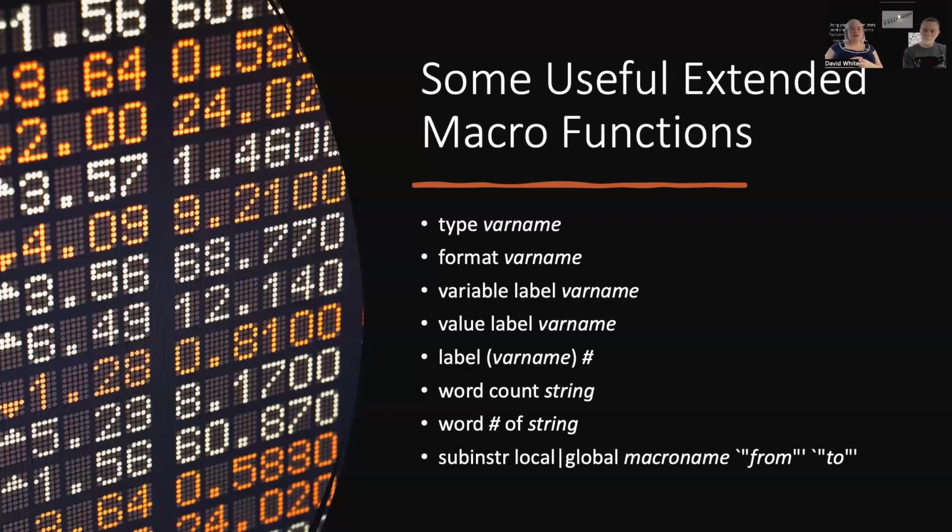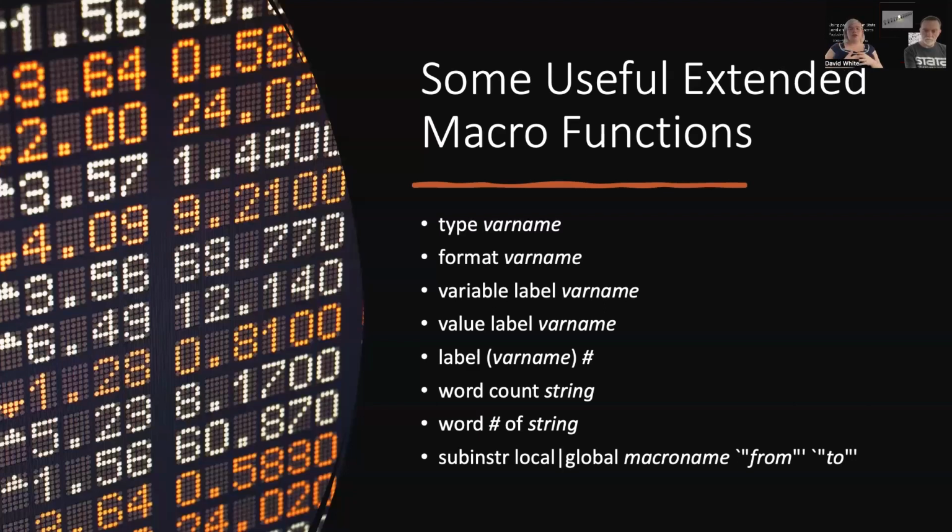You've then got label, and then in brackets a variable name and then a number, which will extract an individual label from the label that's attached to a variable. So for example, if I did label foreign 1, I would get the word foreign in my macro, because foreign is what is attached to the number 1 for that categorical group.